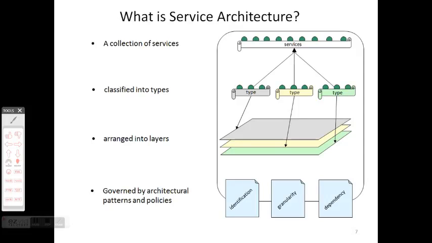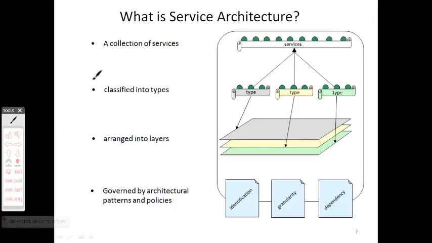In a service-oriented architecture, we have different layers that provide different types of services. At the top, we have a collection of services. This collection of services is basically what represents a business process. A business process here represents, for example, a sales operation.